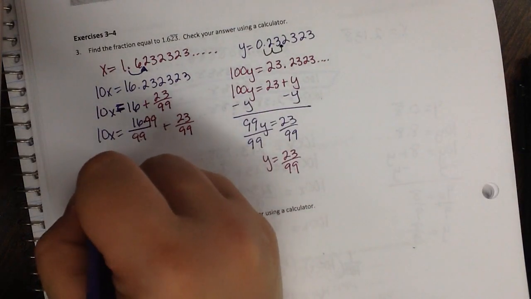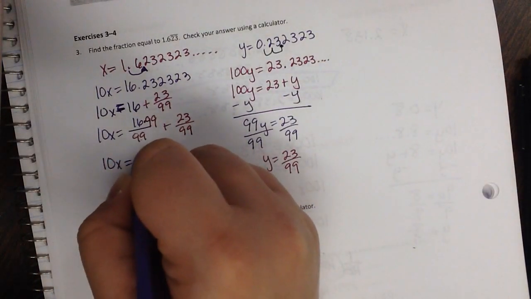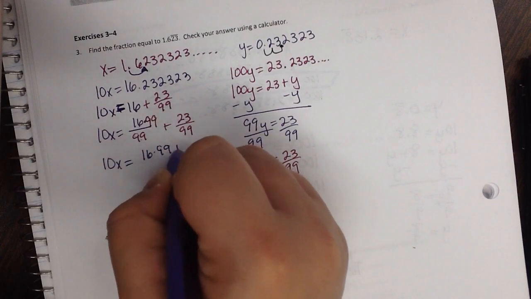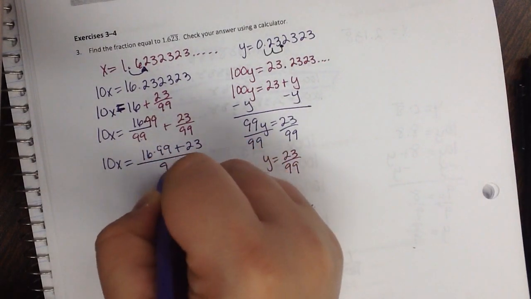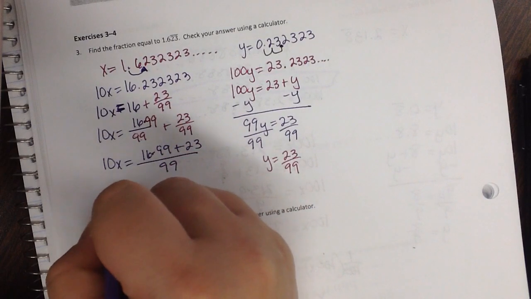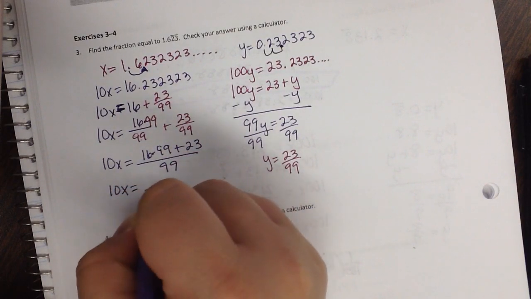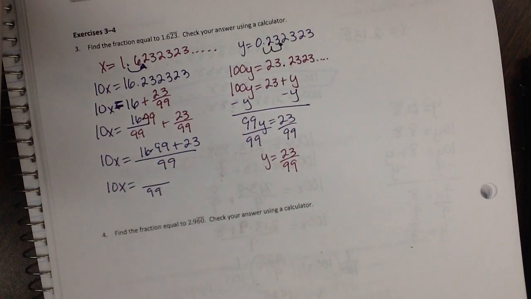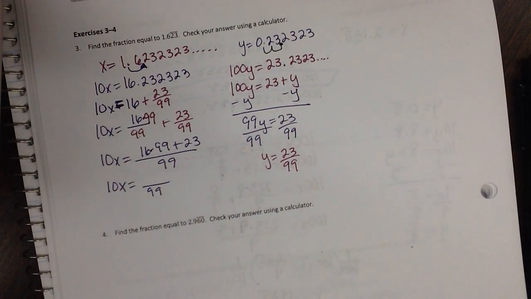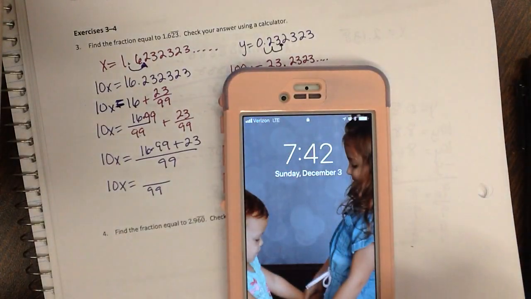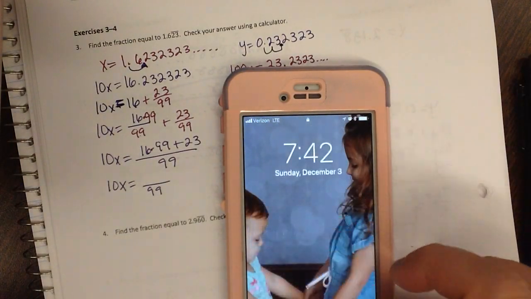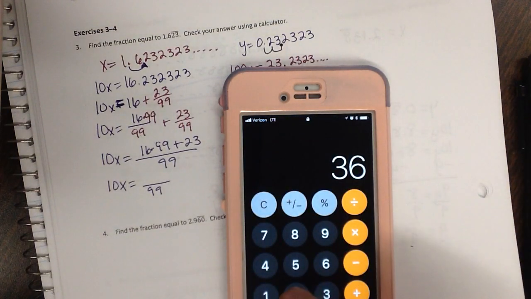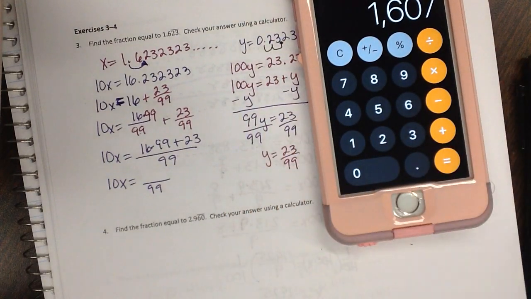Okay, so 10x equals 16 times 99 plus 23 over 99. Hold on. 16 times 99 plus 23, so 1607.